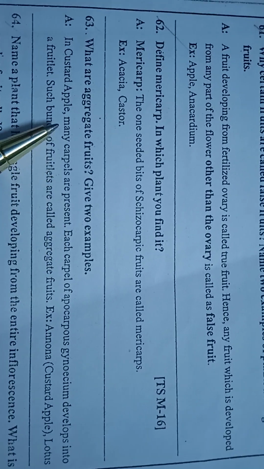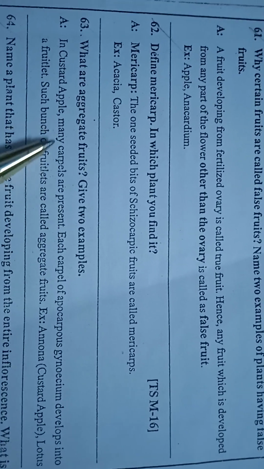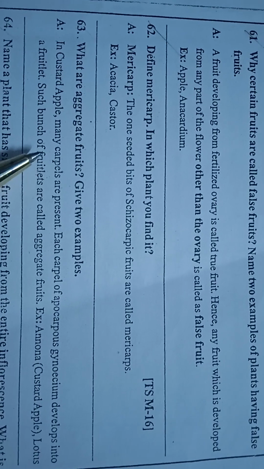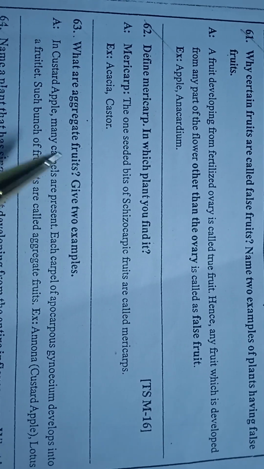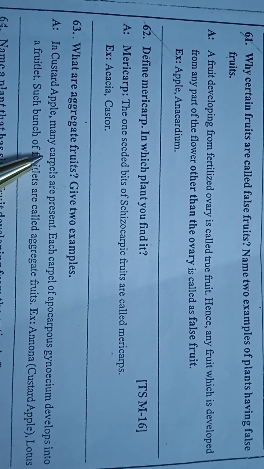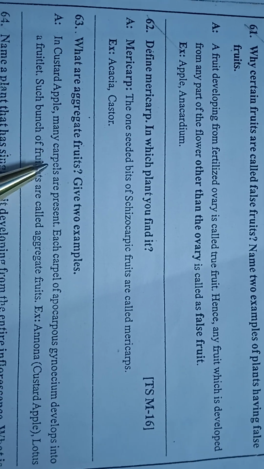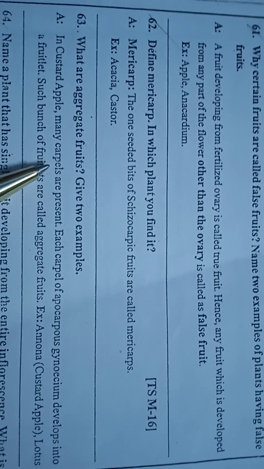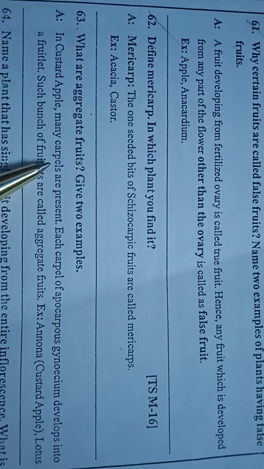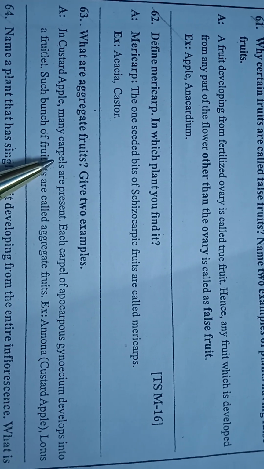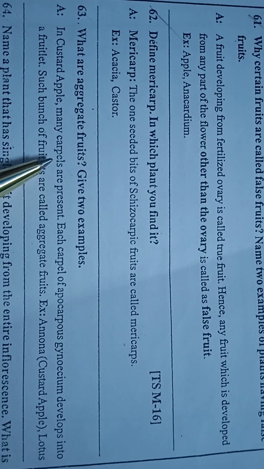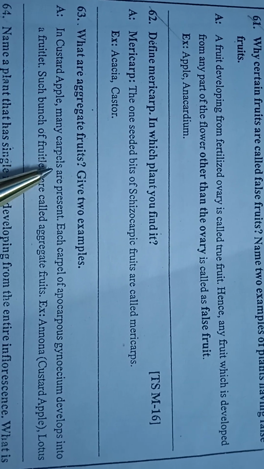We will see that in a custard apple many carpels are present. Have you eaten a custard apple? All members have eaten custard apple; it is the favorite food of a lot of members. In that custard apple you will see many carpels present.